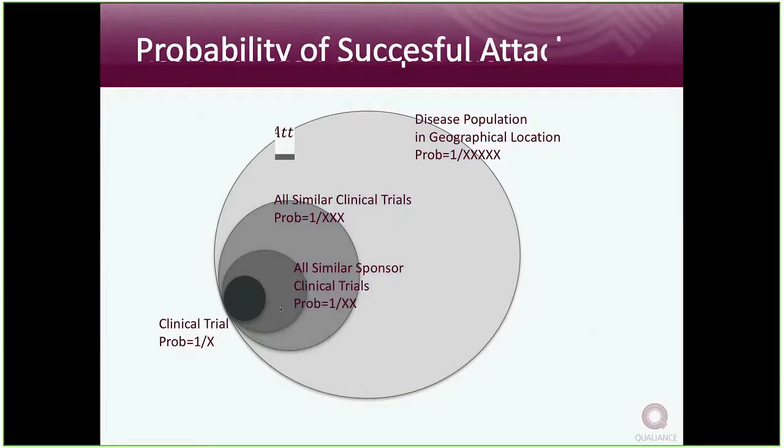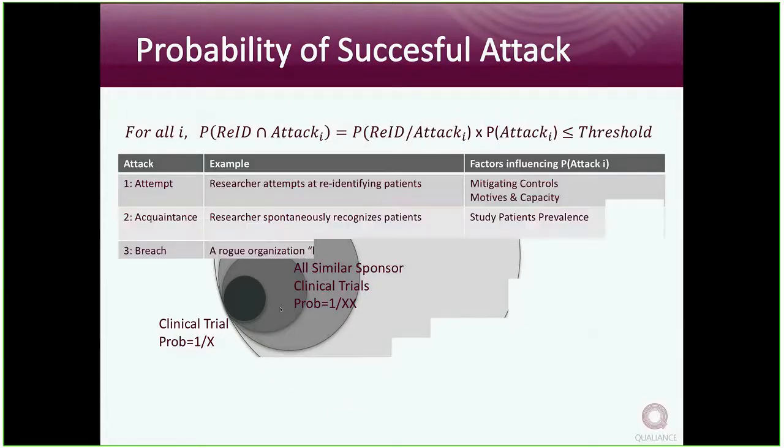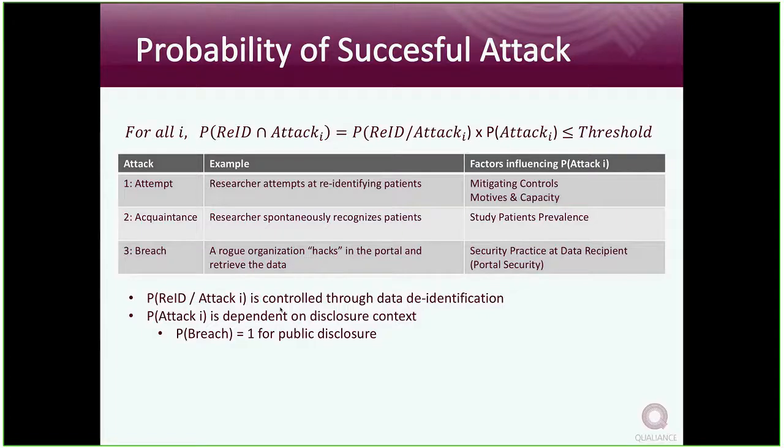So the probability of a successful attack is a bit more than this. In the literature, in particular in the Institute of Medicine report around data sharing, the probability of a successful attack is looked at in terms of 3 types of attacks. The first one is when a researcher will attempt to identify patients.